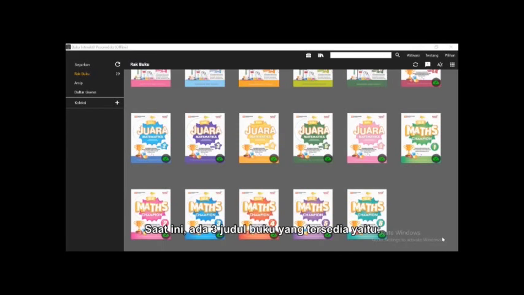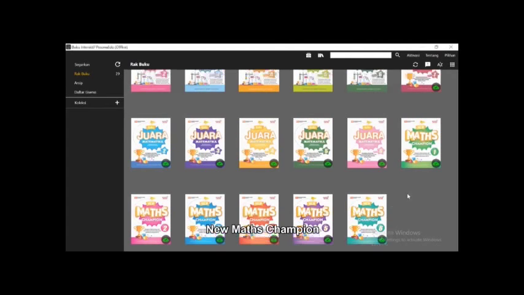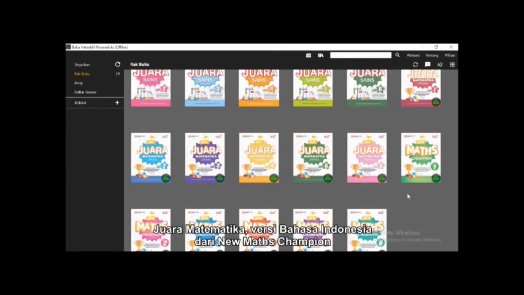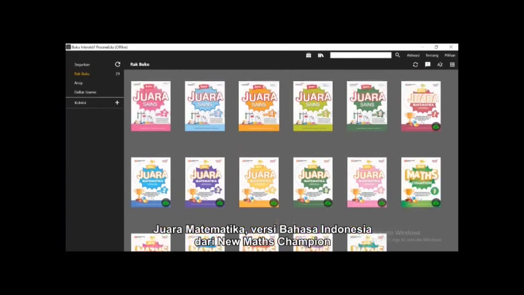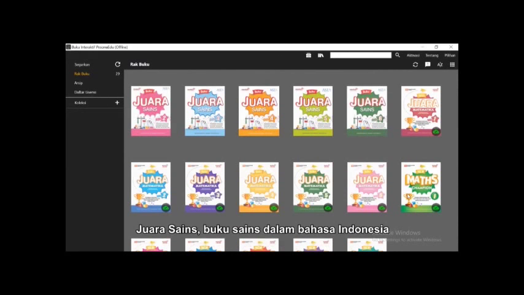Currently, it is available for 3 titles: New Math Champion, Juara Matematika, an Indonesian version of New Math Champion, and also Juara Science, a science textbook in Indonesian language.